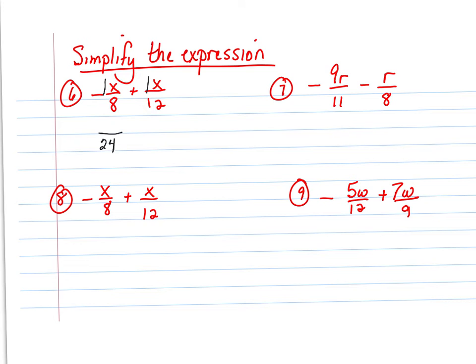So I know I'm really going to subtract these, but I want to get my common denominator first. 8 times 3 is 24, so that's -3x. 12 times 2, so that's times 2, and that's 2x. Now I know I can subtract. I'm going to have 3x minus 2x, which is 1x, or x, over 24. And then I keep the sign of the 3, which is negative. So my answer is -x/24.